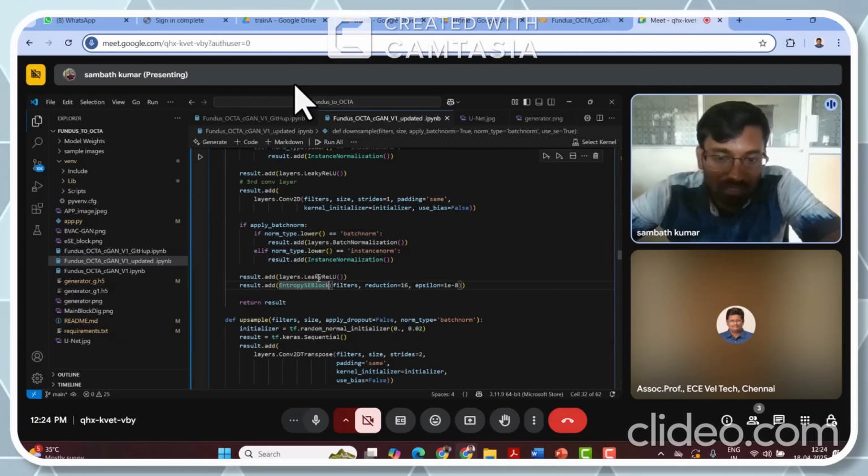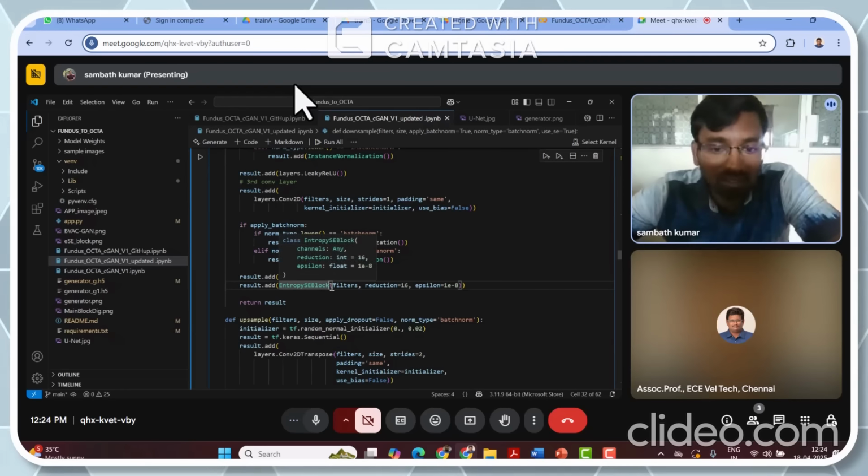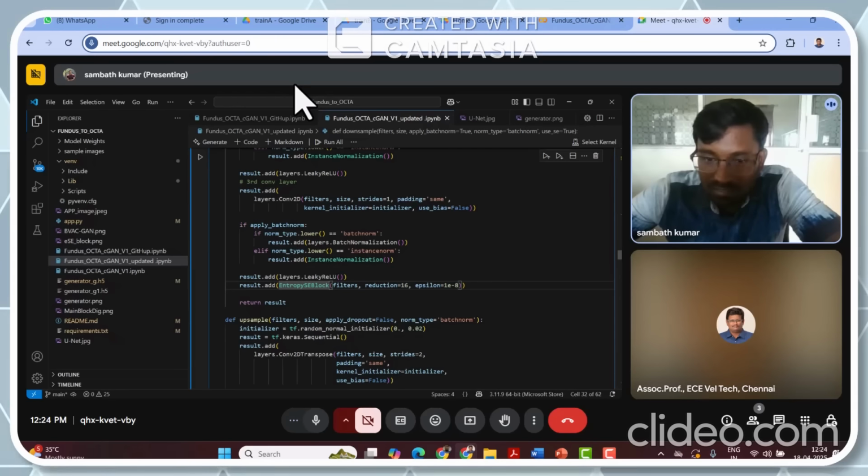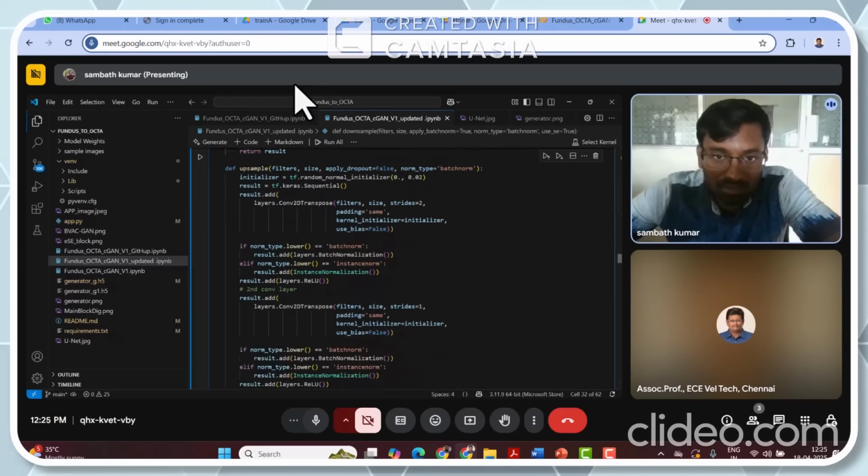Instead of the normal SE block, we have taken the concept of entropy per channel, which is computed using a formula. Then it is scaled with the help of the attention mechanism. This is done for each and every stage of the encoder. This is the general encoder block.